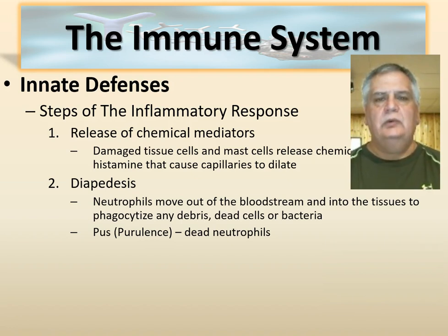And so, when those microbes are destroyed, the neutrophils are destroyed as well. This results in an accumulation of pus, or the development of purulence. Purulence, or pus, is dead neutrophils that accumulate in the area. So an accumulation of pus is a sign that infection is going on.